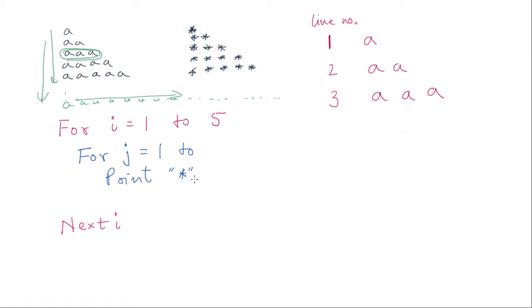Some errors I'm leaving in the program, but I promise that I'm not going to change anything of what I've written. Is that clear? Whatever is written is right. Some things have to be added for sure, and it will become a correct program.